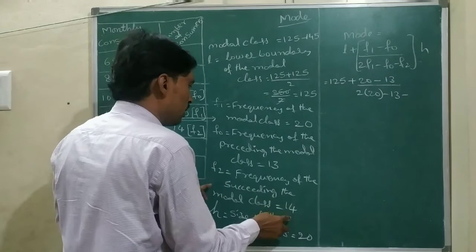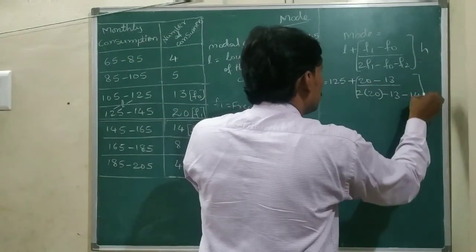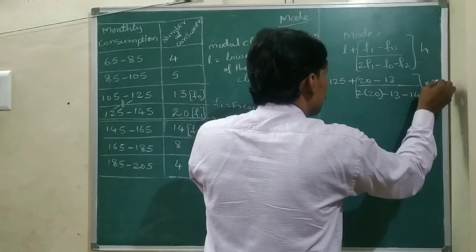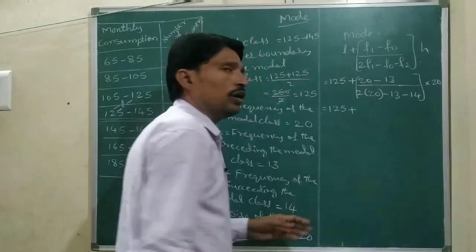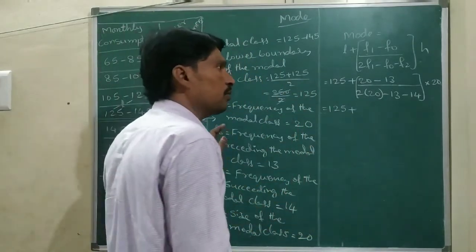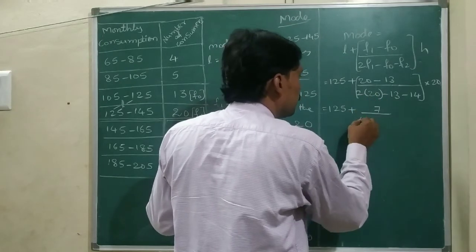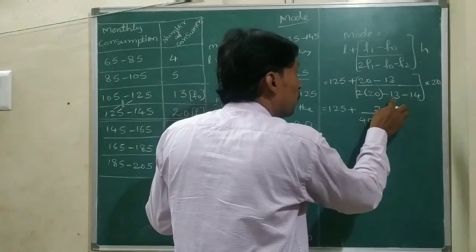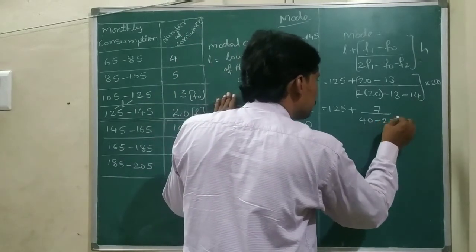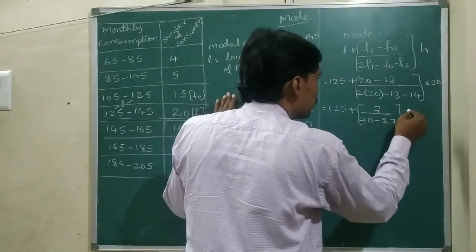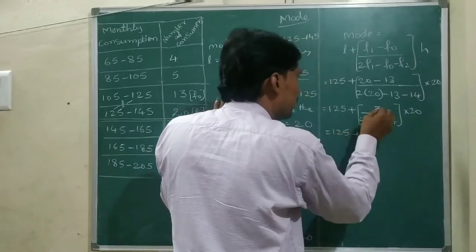F2, the succeeding class, is 14, into H value 20. That equals 125 plus (20 minus 13), 7, by 2 into 20, 40, minus 13 minus 14. 13 plus 14 is 27, into 20.